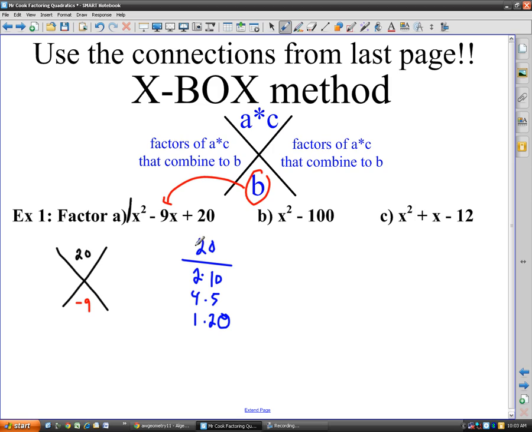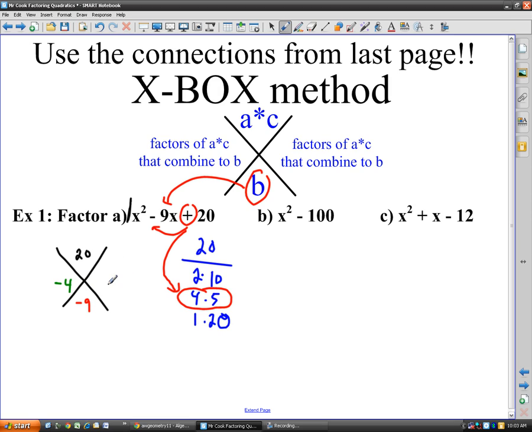Well, it looks like this is my candidate. The thing you have to understand is this positive sign means that both of my factors are going to get the sign in front of the 9, the negative. So I'm going to use negative 4 and negative 5 in there.